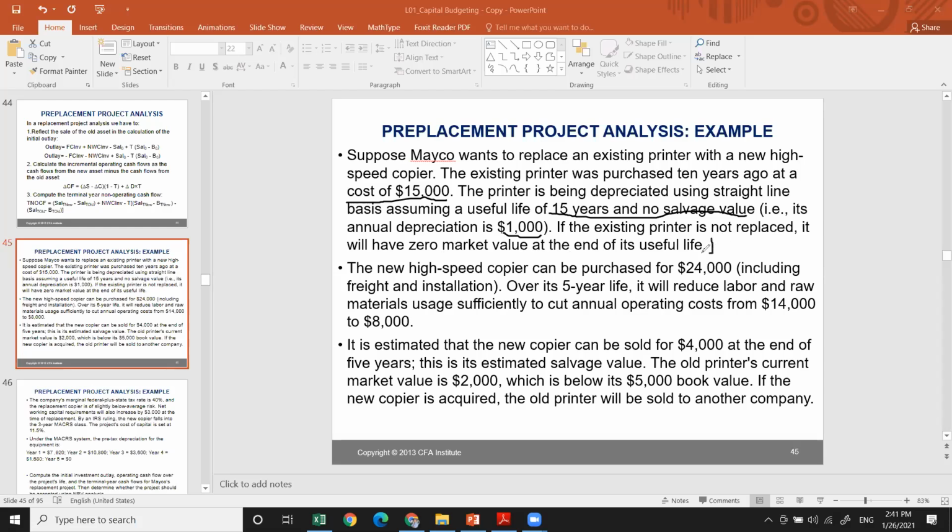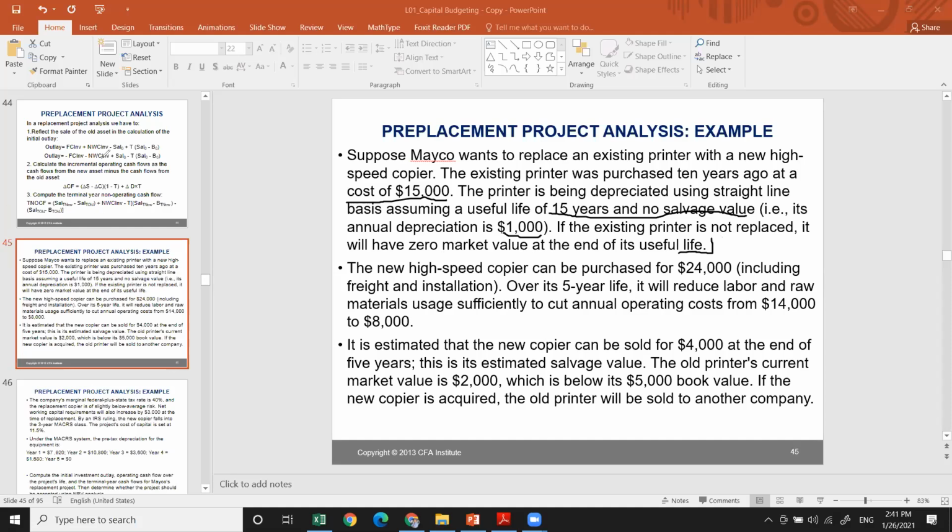So there will be no salvage value at the end of the 15th year. However, let's say 10 years passed and you decided to purchase.